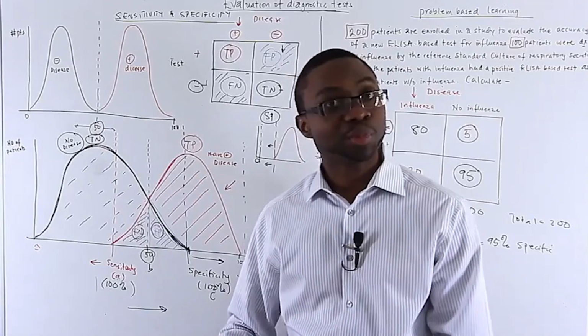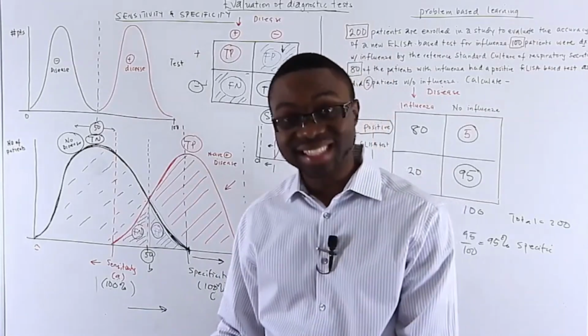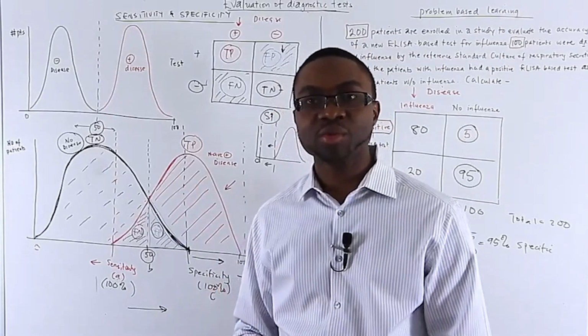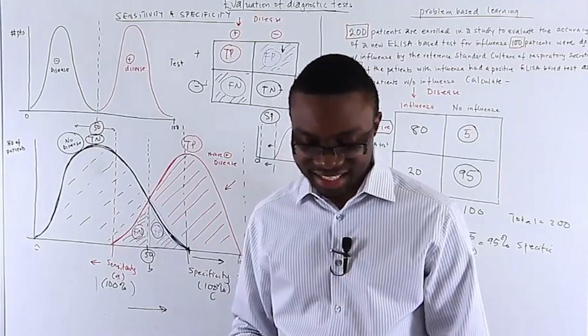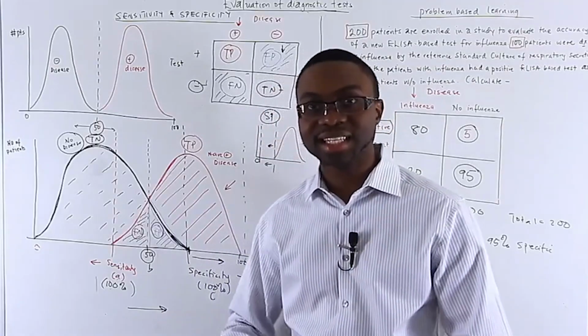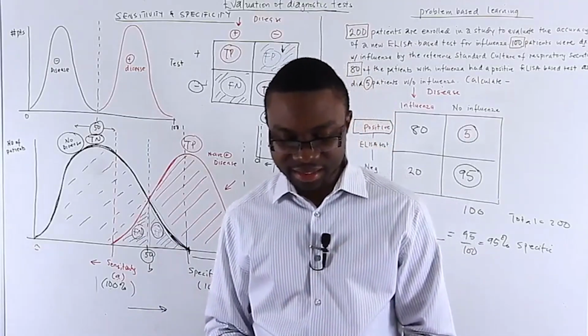If I order a troponin test and the patient has myocardial infarction and the test misses that diagnosis, missing the diagnosis is bad. That's why we want a highly sensitive test. So it's nice to know that a patient has a positive test and they do have the disease.